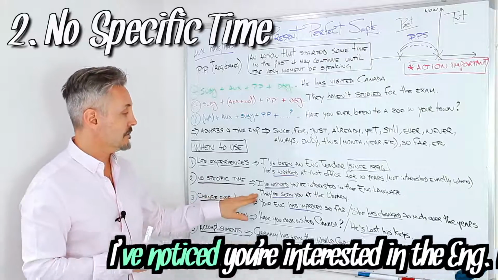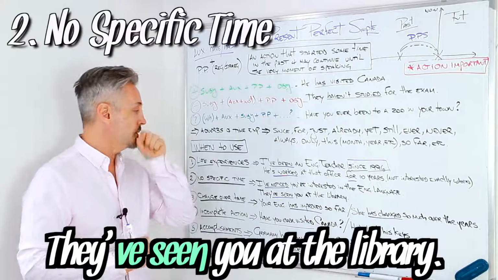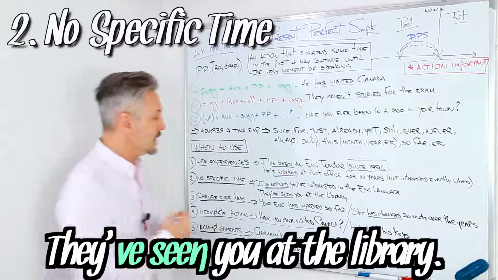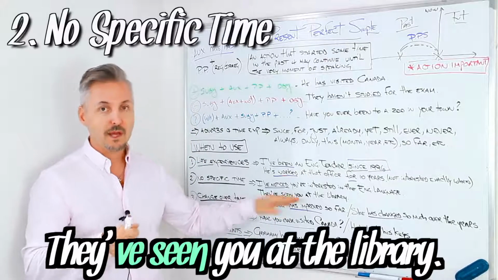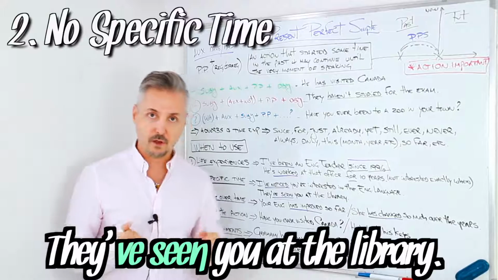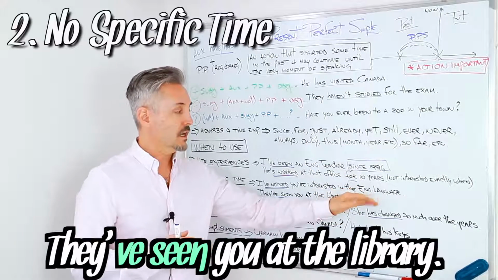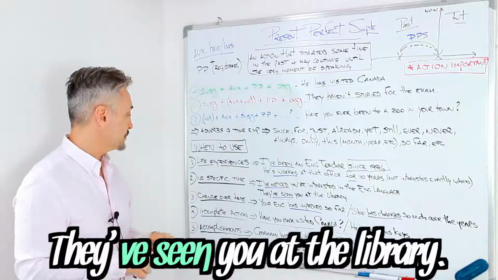Now, another example. They've seen you at the library. Here, it's important that they've seen you at the library, not when. Obviously, we're not concentrated on the time, but on the action itself.